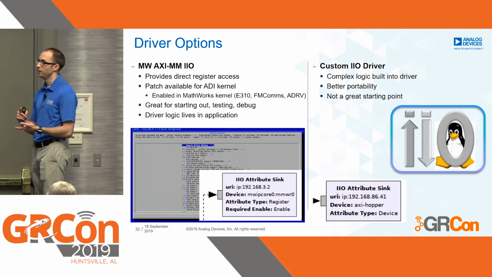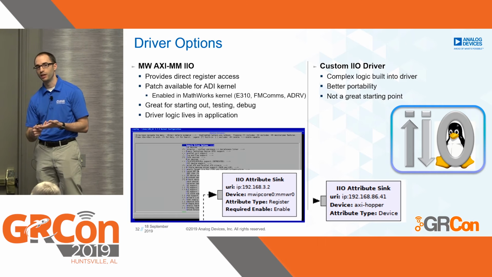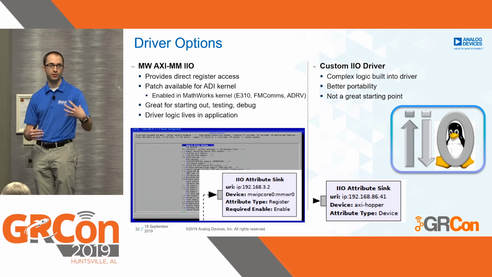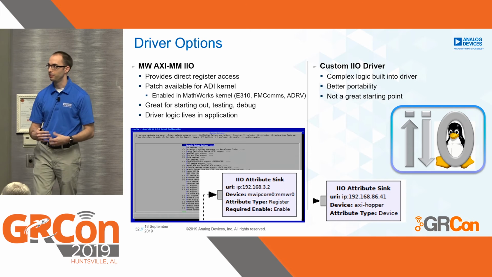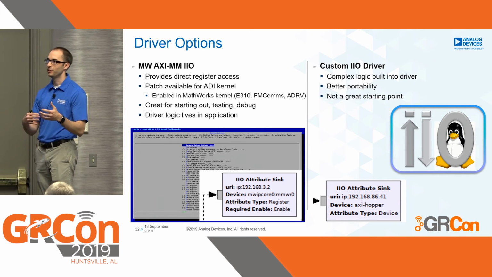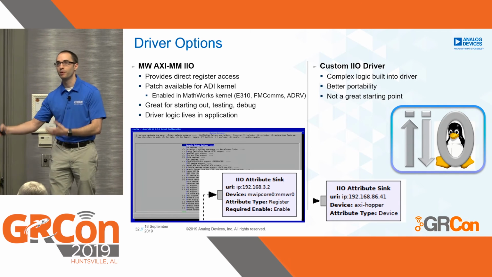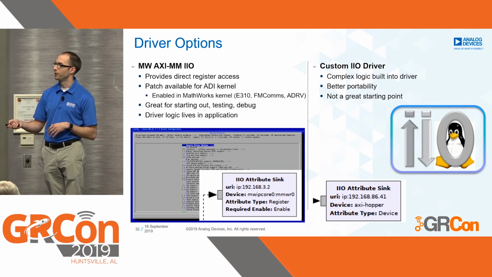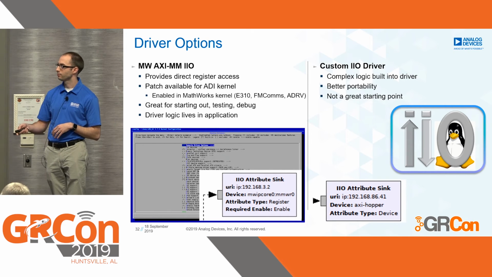And so it's in the support packages for E310, FMComms, ADRV, the standard boards. This is great for debugging, but all the logic or the control of the driver is on the user, and they have to manage it. And I wouldn't say it's a great portable solution. When you want to do something that's more portable, you develop your custom driver. And this is what we did for this application.